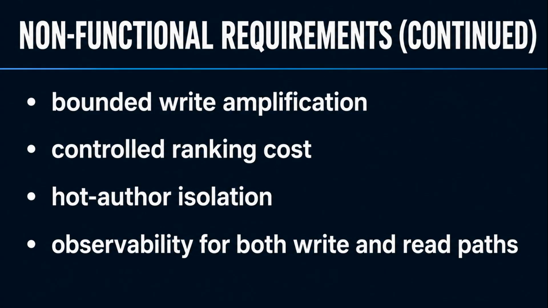Write amplification has to be bounded because a high follower author can turn one post into millions of operations. Ranking cost has to be controlled because algorithmic feeds retrieve more candidates than they show. Hot authors have to be isolated so they do not starve normal authors. And we need real observability into all of this. Otherwise, we are flying blind.